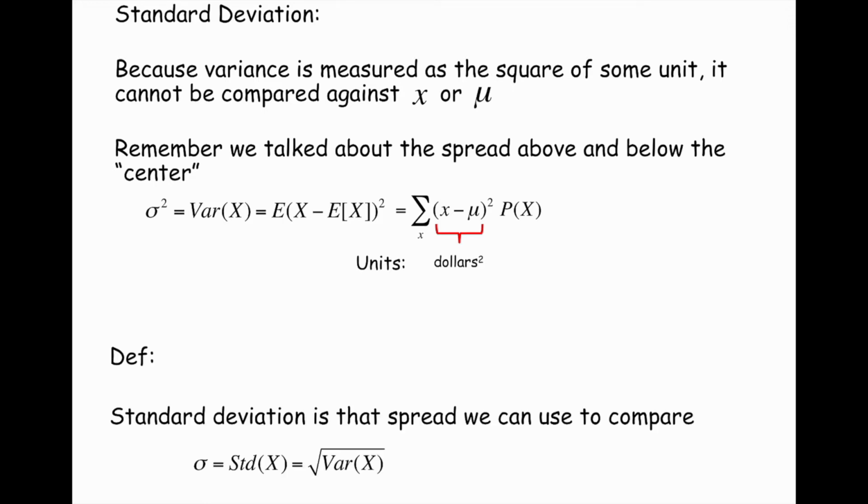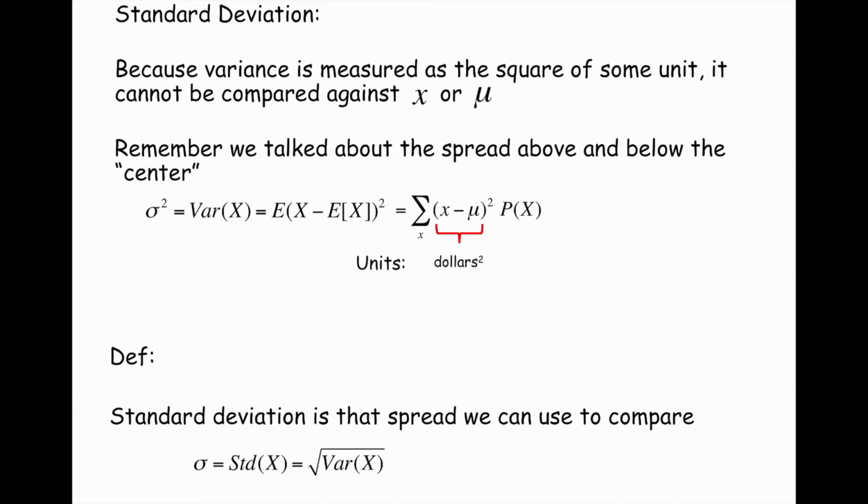Okay? And so this is where something called the standard deviation comes in. The standard deviation is a kind of fix-up. We talked about there being a lot of fix-up in mathematics. And this particular fix-up says, you know what? This squared term kind of messes up my units, and I can't really compare dollars squared to dollars. If my average is in dollars, I want to know how far I am off in dollars.